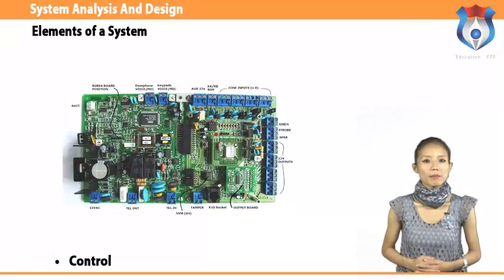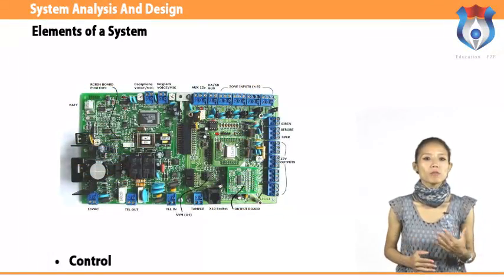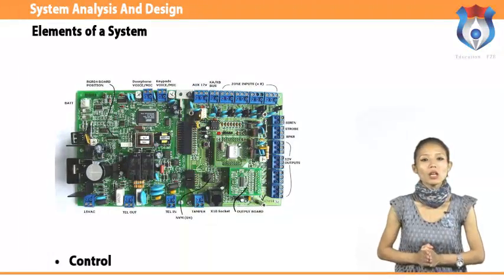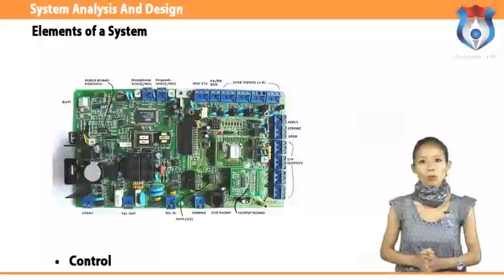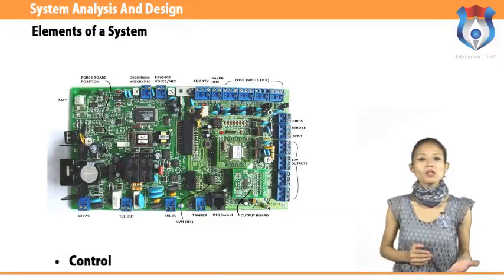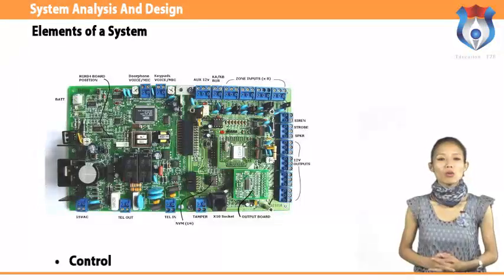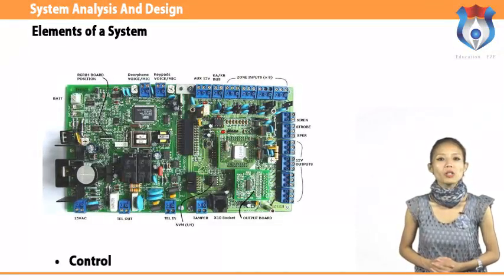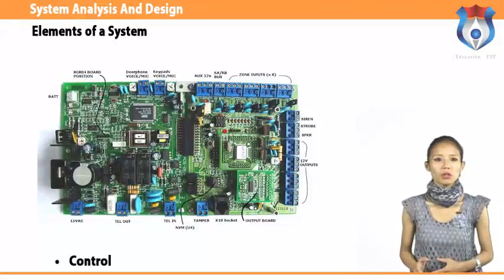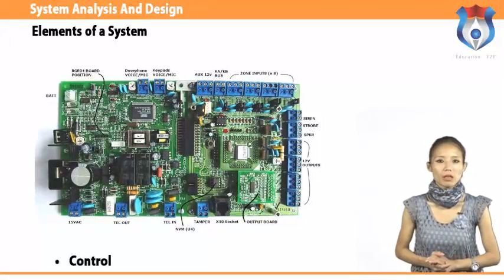The control element guides the system. It is the decision-making subsystem that controls the pattern of activities governing input, processing and output in a computer system. The operating system and accompanying software influence the behavior of the system. Output specifications determine what and how much input is needed to keep the system in balance.